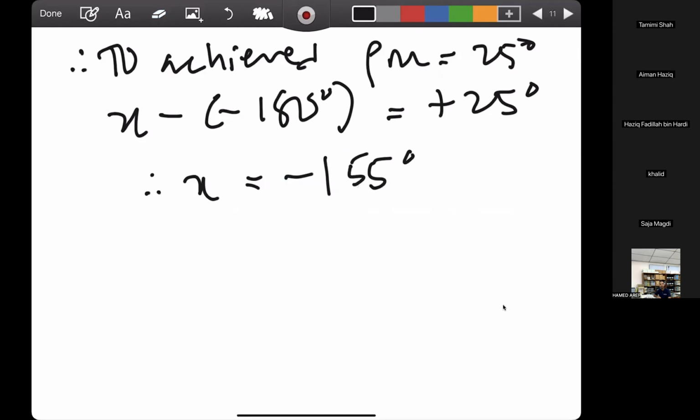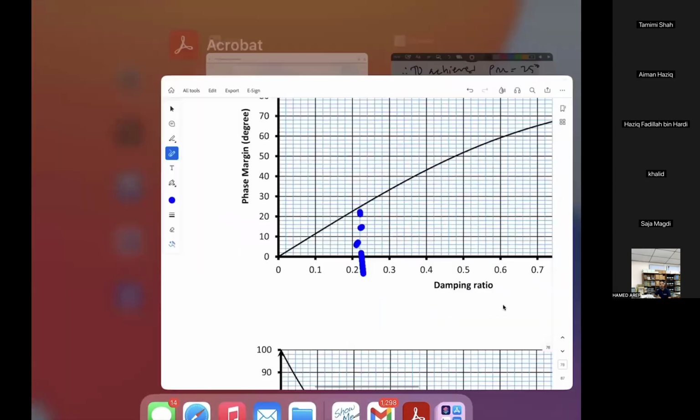155. Okay. So we go to the graph, the 155 phase graph.